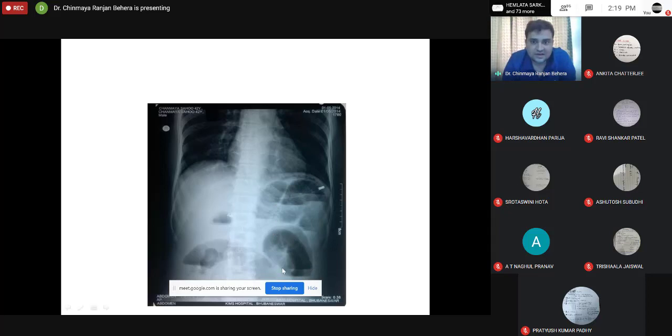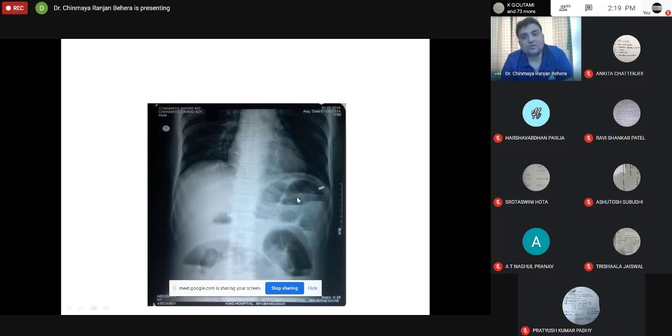Okay, you can see dilated bowel loops, and then what you see is there is air above and fluid below. So there are multiple air fluid levels. Okay, more than two air fluid levels is significant, suggesting an obstruction.